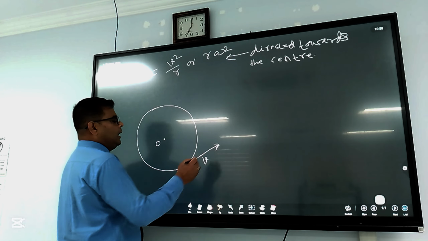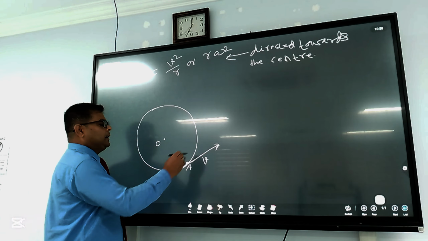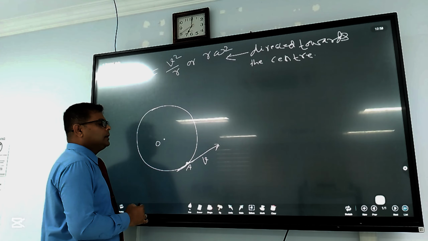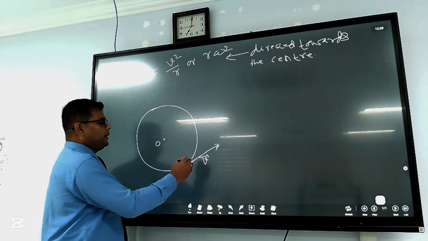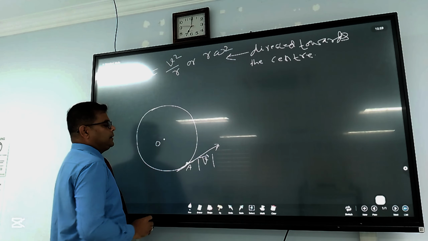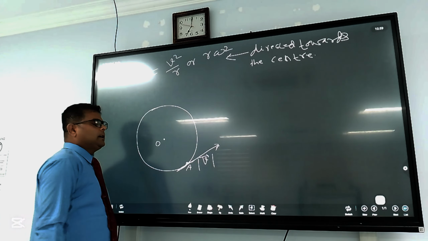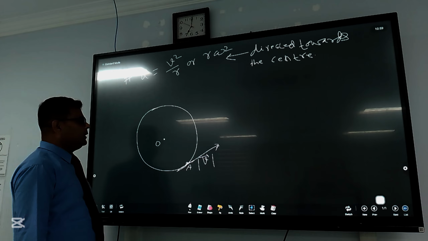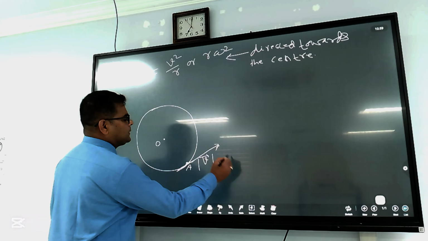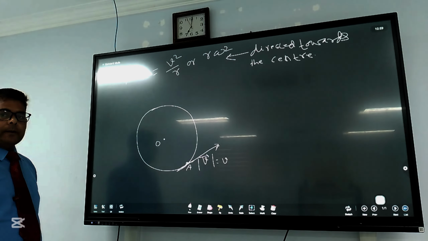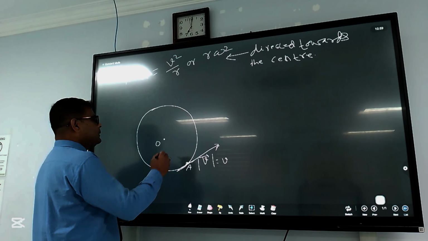At this particular point the velocity is linear, and you can represent this by vector v, showing the magnitude and direction of the given velocity vector. So in general we call that v, having both magnitude and direction.